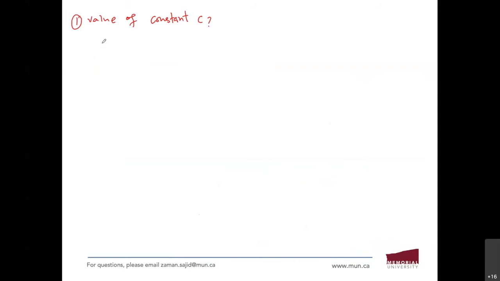For f of x, y to be a joint distribution function, there are two conditions.